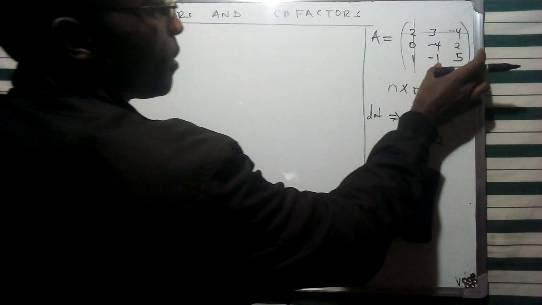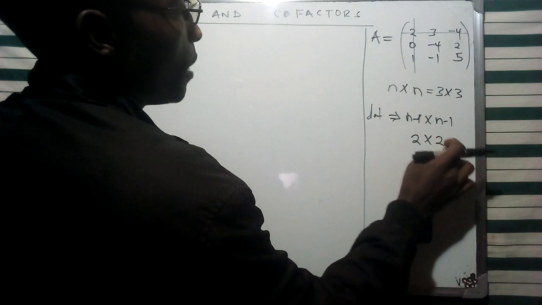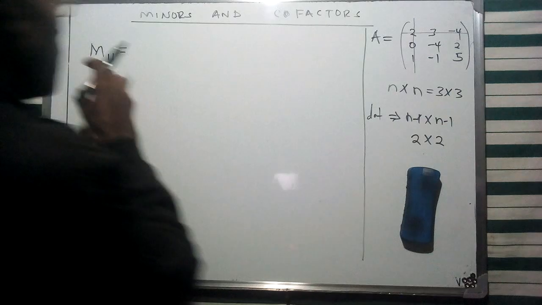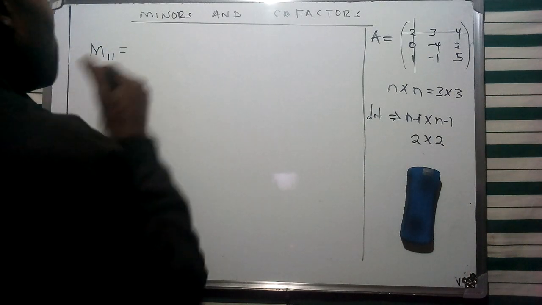So the determinant of this remaining matrix, which is n minus 1, that is 2 by 2, is going to form our first minor, in the ith row and jth column order.